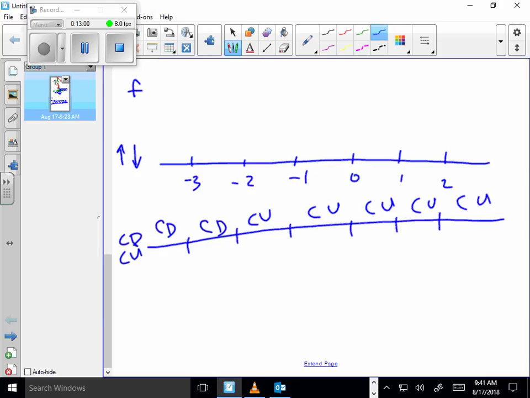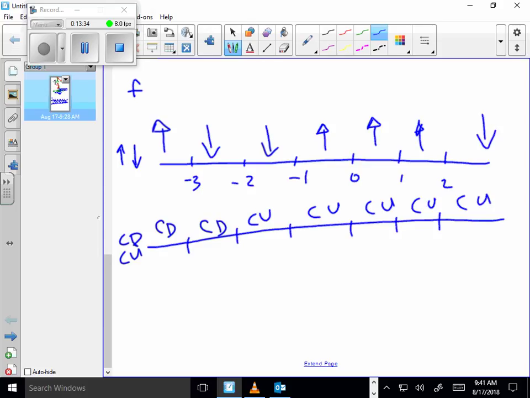Increasing on negative infinity to negative 3. The function should also be increasing from negative 1 to 2. But from negative 3 to negative 1, my function is decreasing. And from 2 to infinity, my function is decreasing.